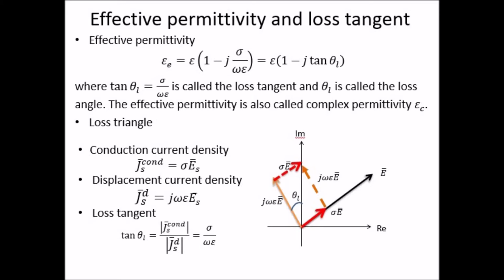Considering the conduction current density and the displacement current density, we can produce a right angle triangle, which is called the loss triangle, where one side of this triangle is the conduction current density sigma E and the other, perpendicular side is j omega epsilon E, the displacement current density.